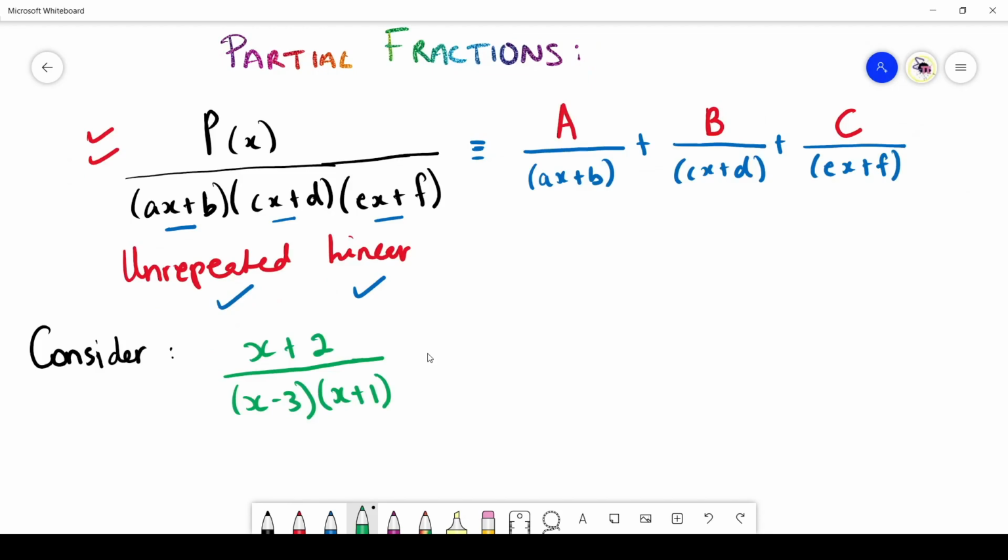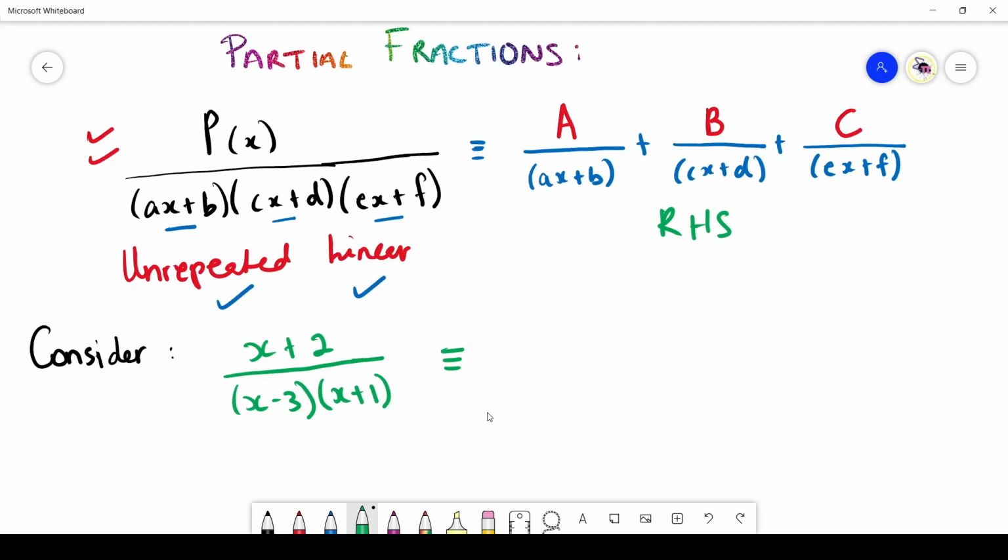Okay, so on screen in green, that rhymes. On screen in green, you will notice that our denominator has no repeated factors, and within the brackets, each of your factors is also linear. So we are definitely looking at that first case scenario where you can split this up into the format on this right-hand side.